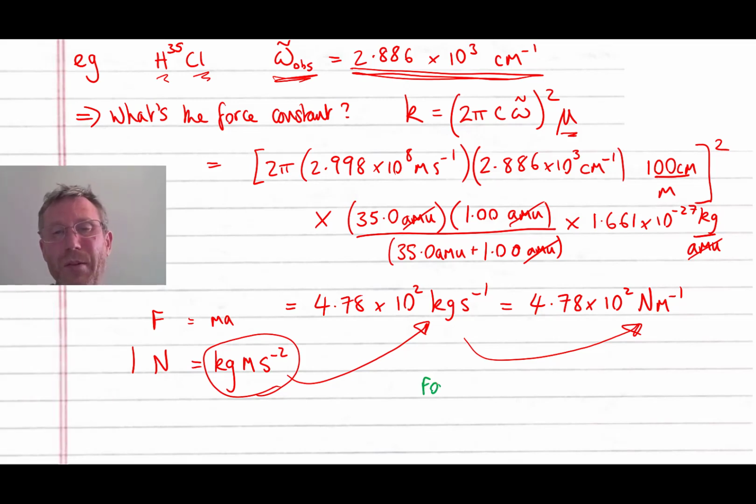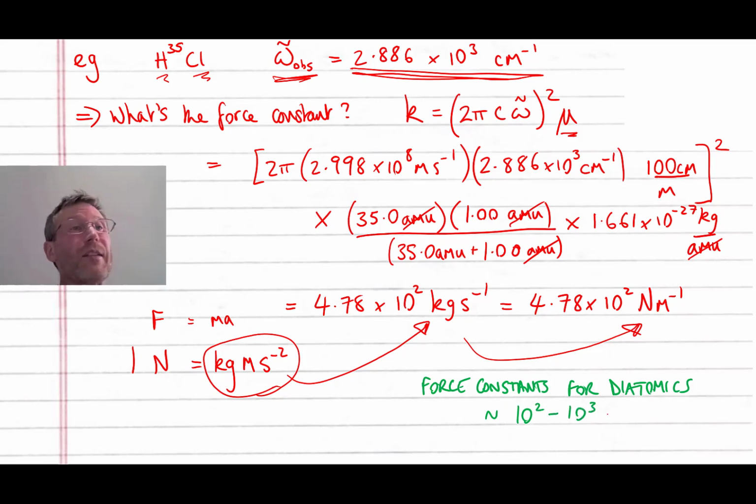Force constants for diatomic molecules tend to be around 10 to the 2 to 10 to the 3 newtons per meter. And we'll later talk a little bit more about spectroscopy. I'm going to plant another seed by saying here that we must end up seeing a change in dipole moment as the molecule vibrates.